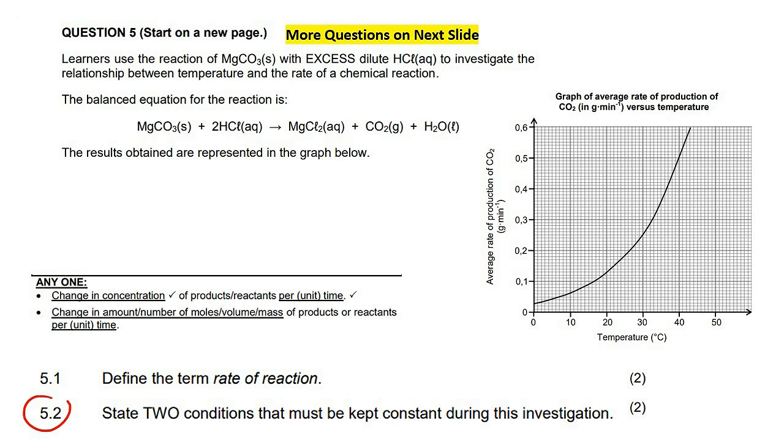Now this question says, state 2 conditions that must be kept constant during this investigation. In this investigation, we are investigating the relationship between temperature and the rate of the chemical reaction. So that is the variable that they are changing. Remember, reaction rate can be affected by many different things, such as concentration, pressure, using a catalyst or not, temperature, and surface area, like are we using a solid or a powder.